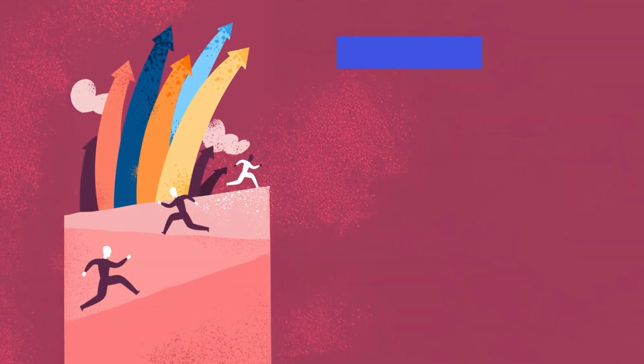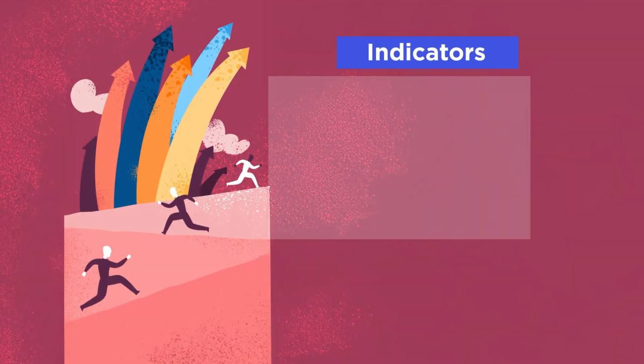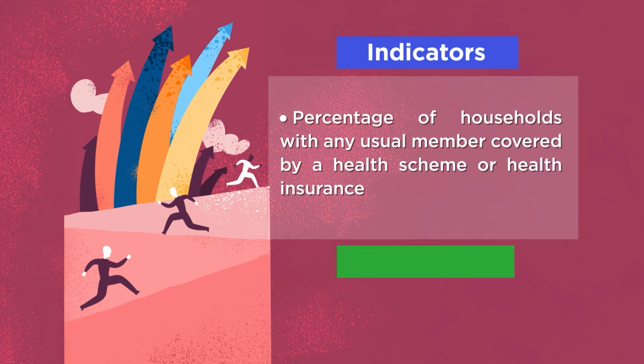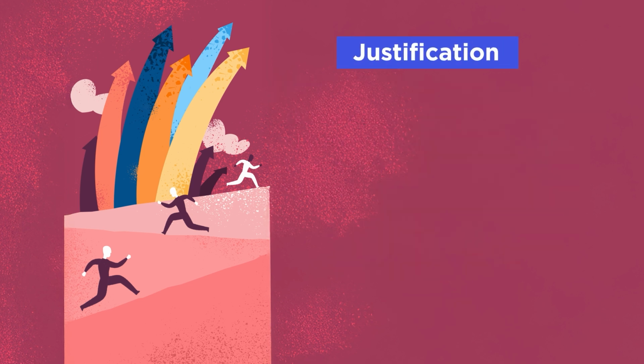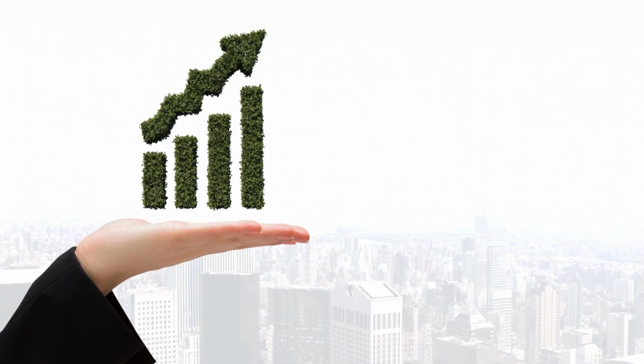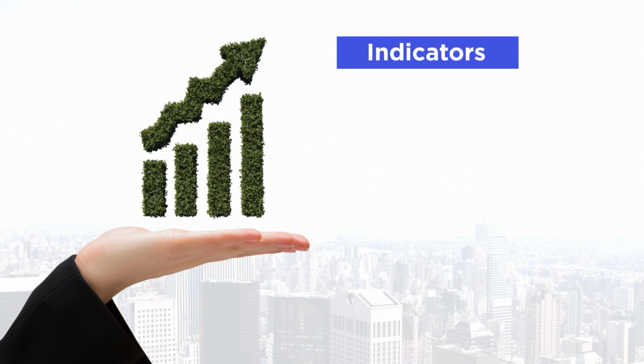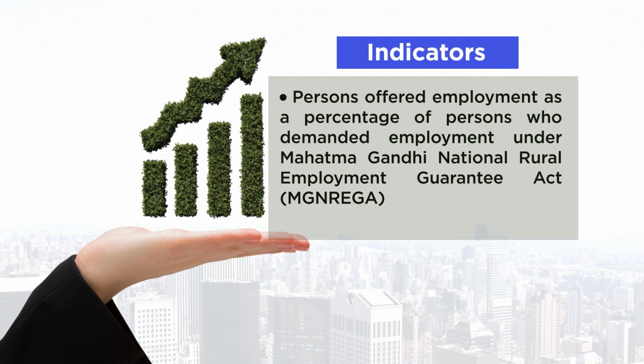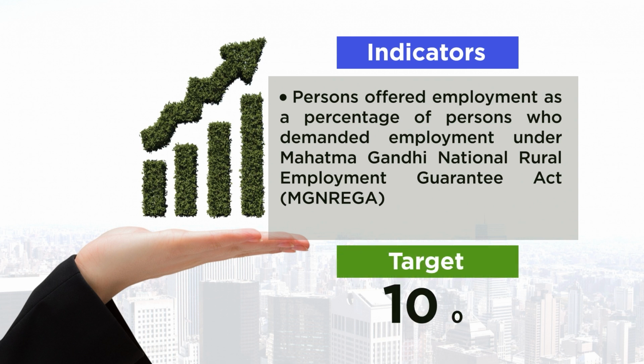Another indicator we are looking into is the percentage of households with any usual member covered by a health scheme or health insurance. Our target is 100, in line with the global SDG target. These are the basic components for us. Giving universal health coverage is regarded as a basic component of social security. In the same way, when you talk about MGNREGA, the Mahatma Gandhi National Rural Employment Guarantee Act, our target is 100%.